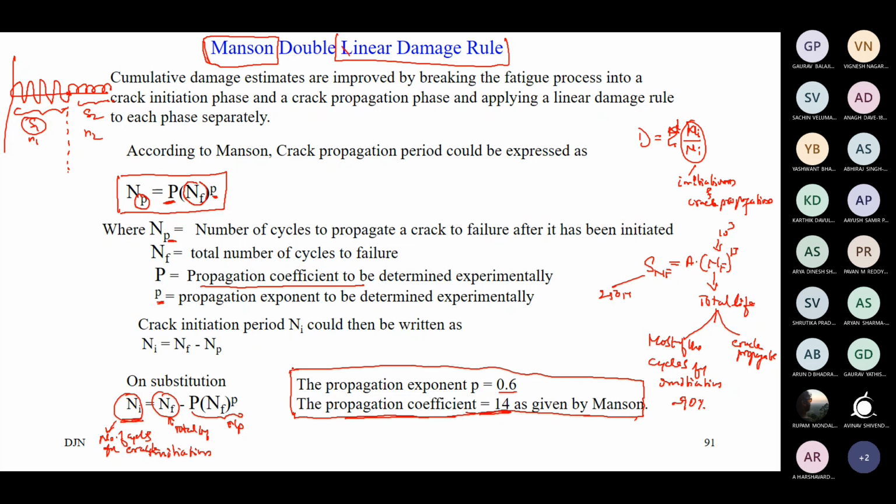In the total absence of data, the same values will be used for aluminum and copper alloys also, though the material may not actually behave in this particular fashion. If you want the exact values, you go for the experiment, determine that particular parameter, and then use the equation.